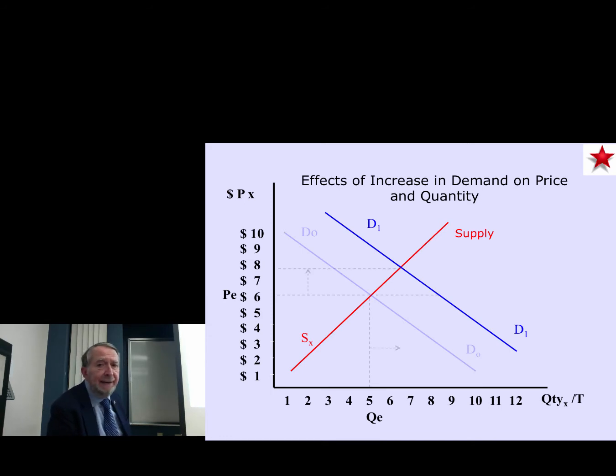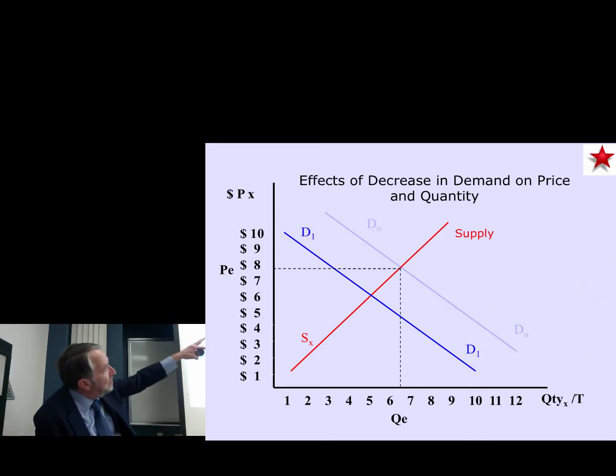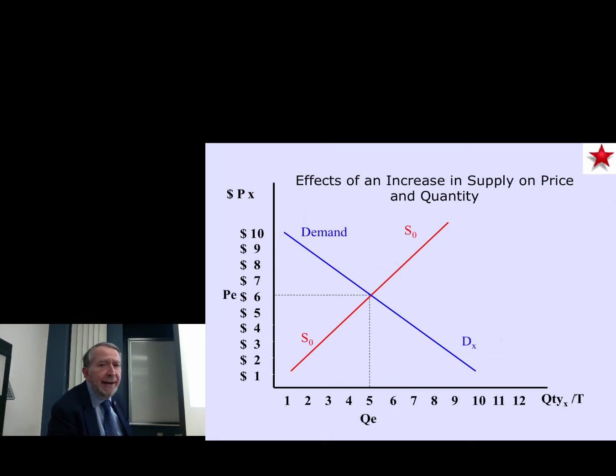What is the effect of a decrease in demand on the rate of production and price? Well, you guys are used to visualizing this. A decrease would be a leftward shift. It means that from the original equilibrium, price would tend to come down, and the rate of exchange would tend to decline. And then you can look at changes in supply.